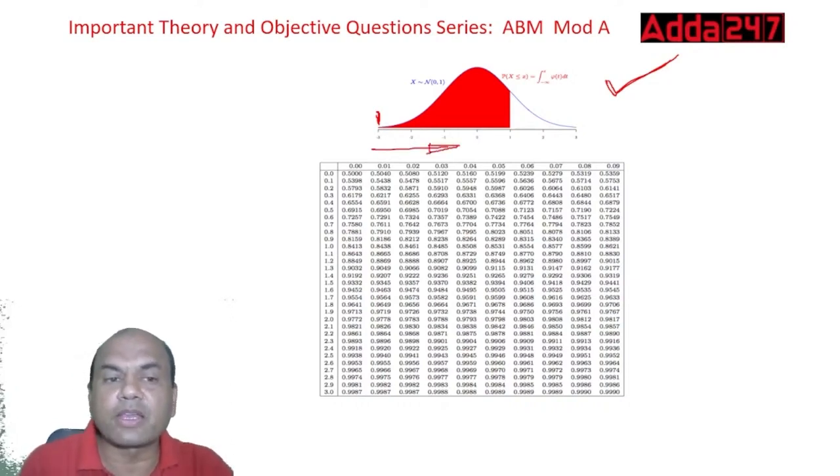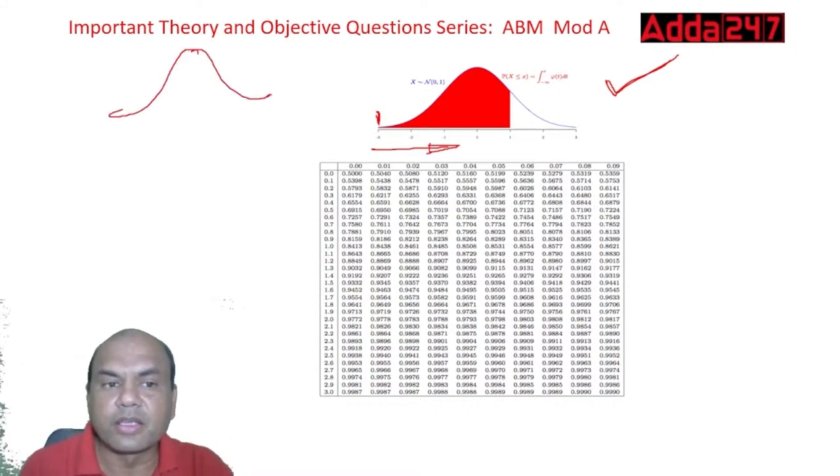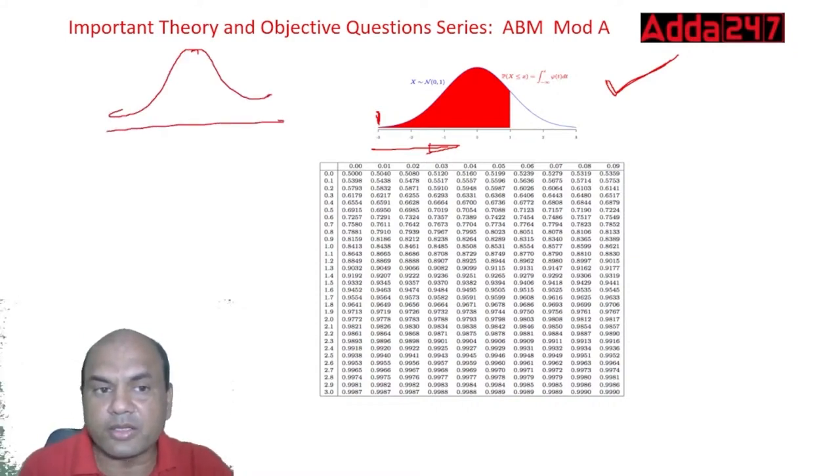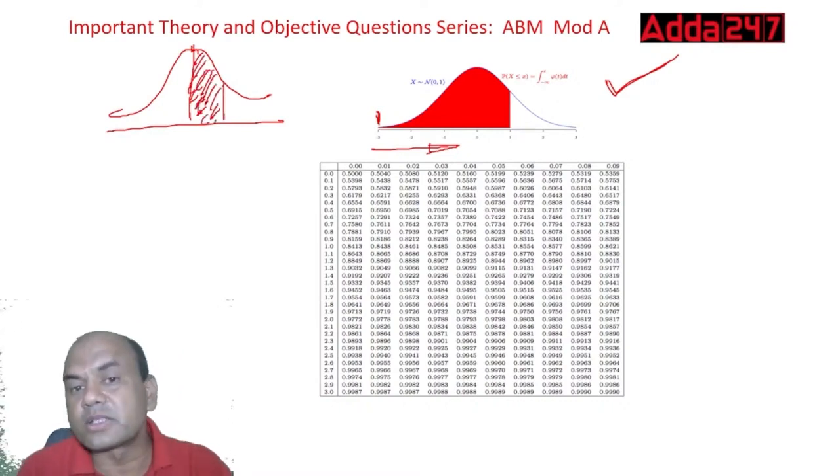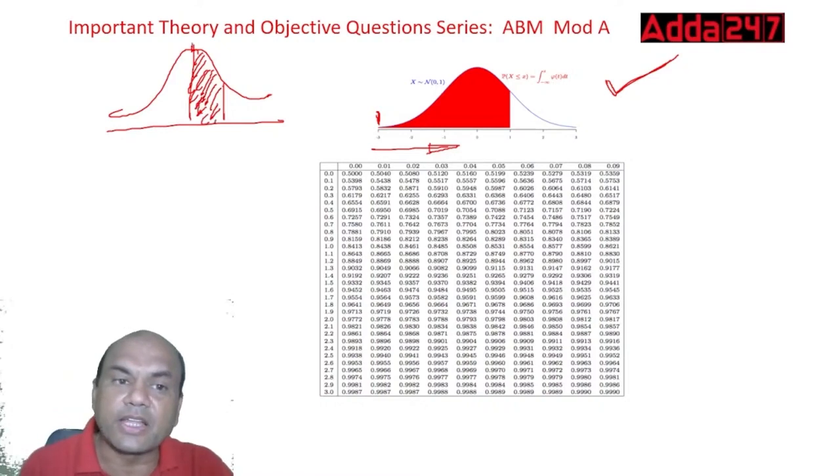If they give you the figure like this, and the red part is starting from here only, then it means it is starting from 0.5.